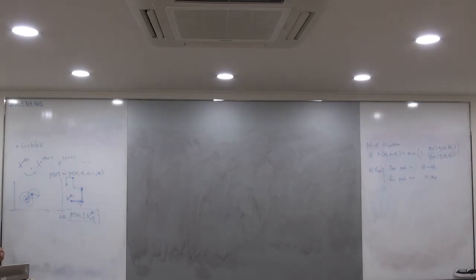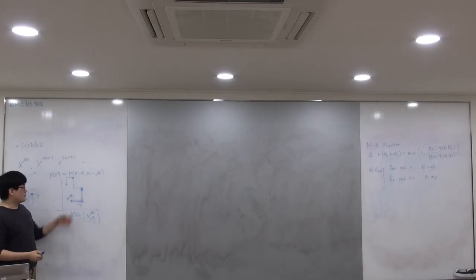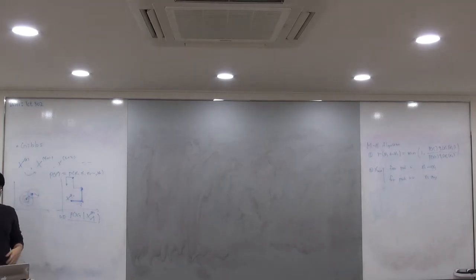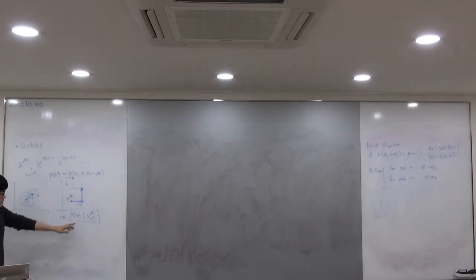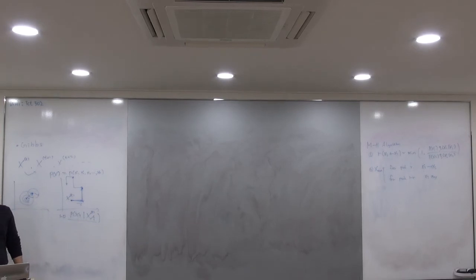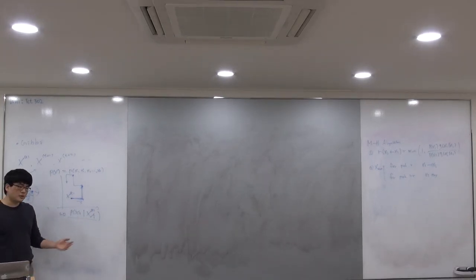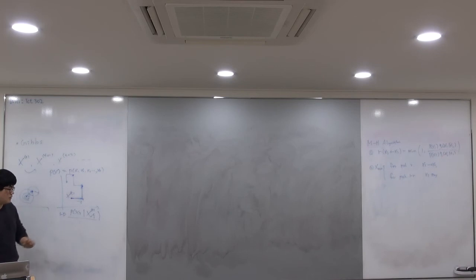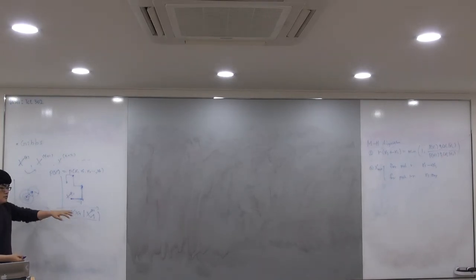But if you have trouble with this distribution, you need to do Metropolis-Hastings. But in most cases, you don't design that complex a distribution. For example, in an RBM, it's just a binomial or Gaussian distribution, so it's pretty easy to sample one dimension.